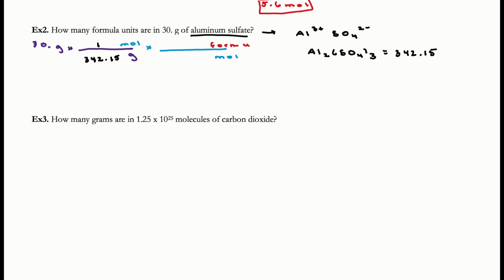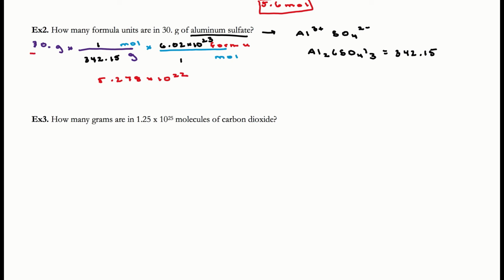Then for the formula unit mole relationship, that is Avogadro's number. So 1 mole is 6.02 times 10 to the 23rd formula units. So I'm going to take 30, divide by my molar mass, and then multiply by Avogadro's number. So the value that I get for my unrounded number is 5.278 times 10 to the 22nd formula units.